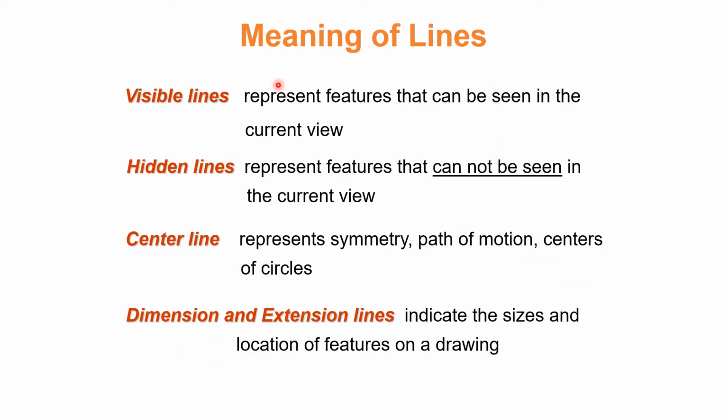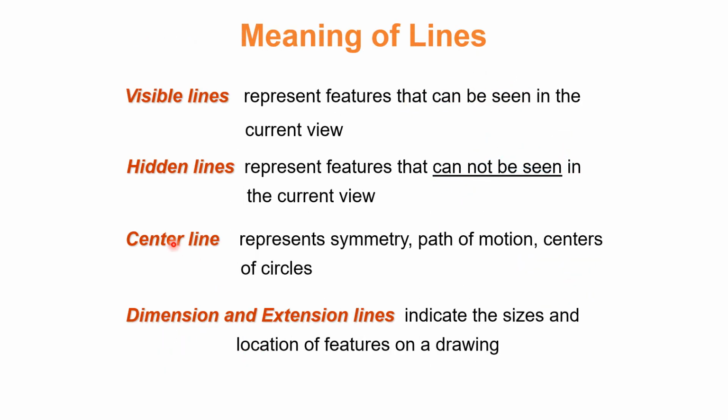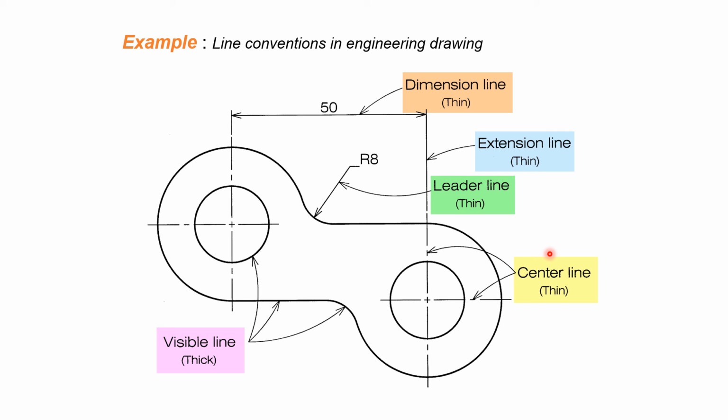So now I will go back. Visible lines represent features that can be seen in the current view. Hidden lines represent features that cannot be seen in the current view, which I have shown in the previous slides as the example of hidden features. The center line represents symmetry, path of motion, and center of circle.